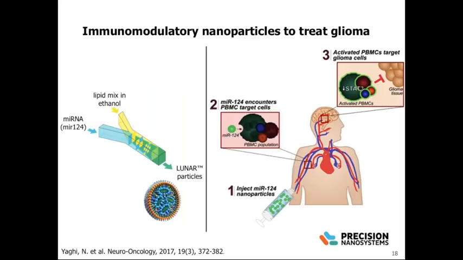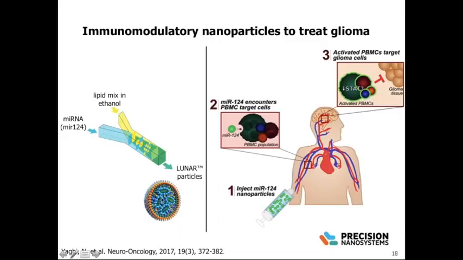My last example touches on the use also of RNA vaccines, but this time we will focus on the treatment with an RNA vaccine. So here we talk about a therapeutic vaccine that is being applied for the therapy against glioma.